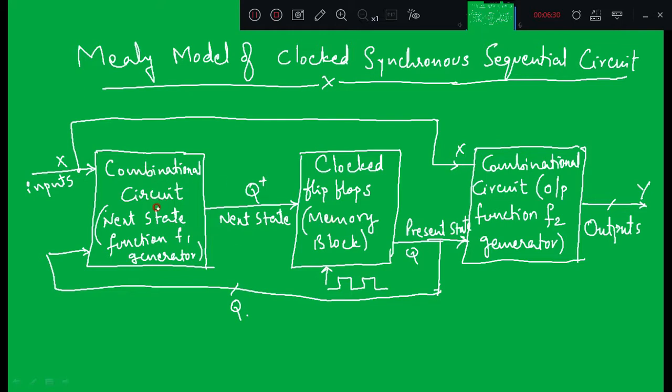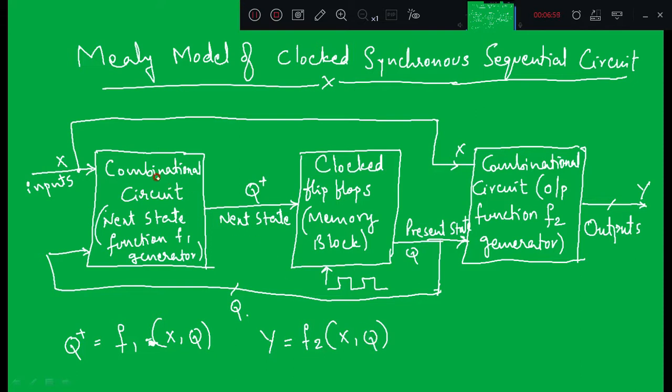So the combination circuit, which is the next state function F1 generator, where F1 is what? Q next state, Q plus, is a function of two input variables, capital X and Q, right? And we have one more output, which is the actual output, that is capital Y, which is also a function of X and Q, right?